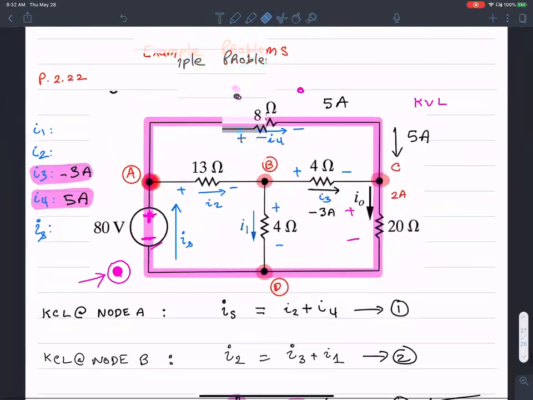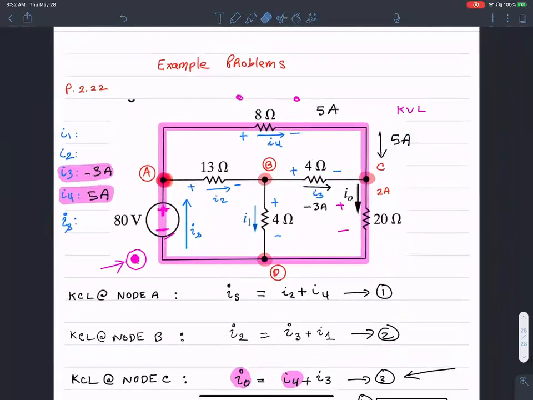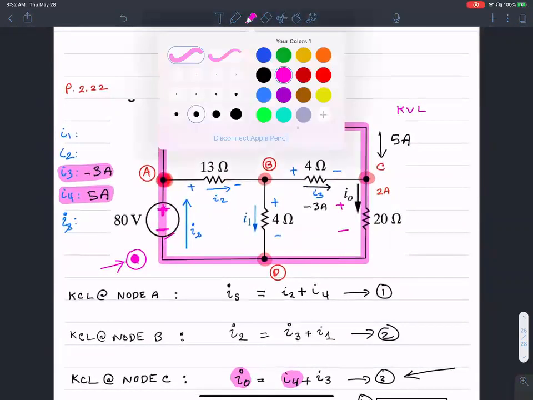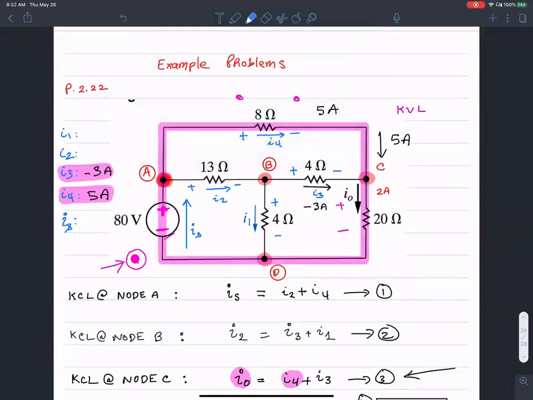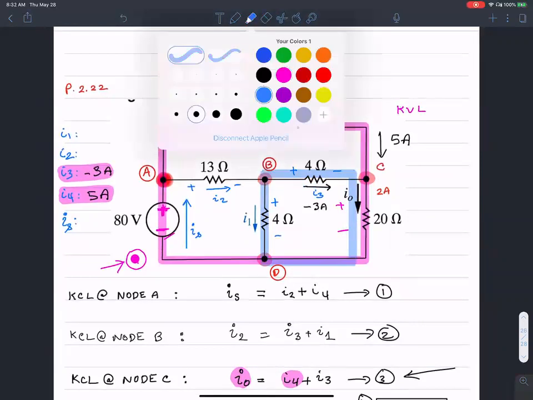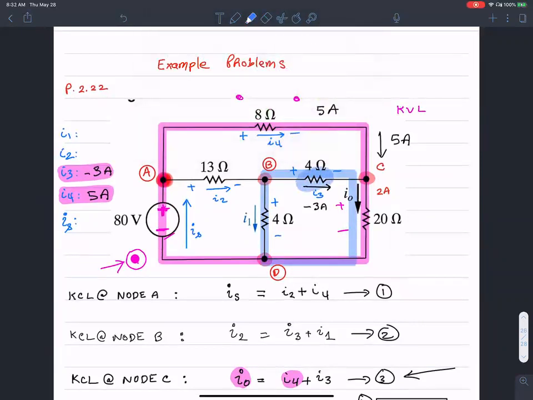Okay, now let's see. Now I have I3 and I4. What else can I do? It seems that I can apply, let's apply KVL around this loop here. Once you apply KVL around that loop, you will notice that you have the voltage drop information here, and you have the voltage drop information here.